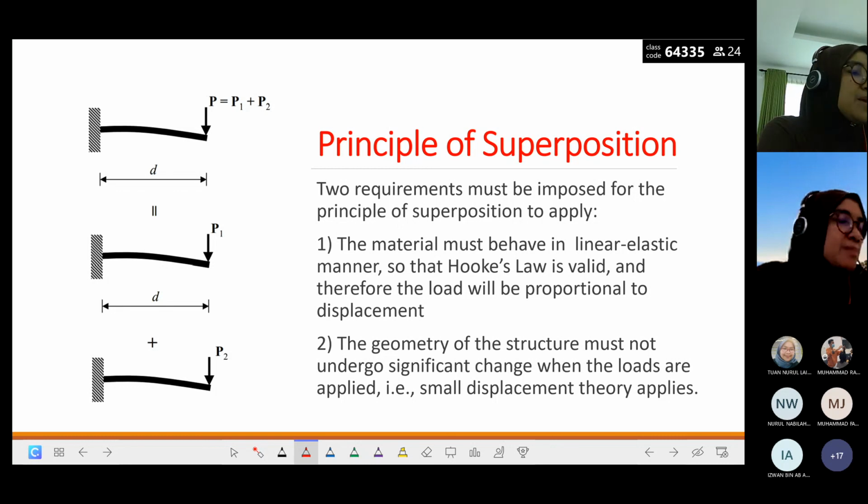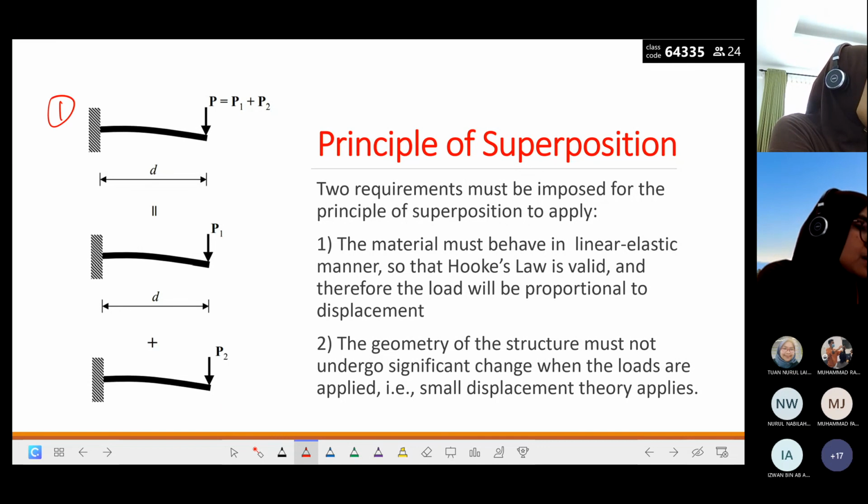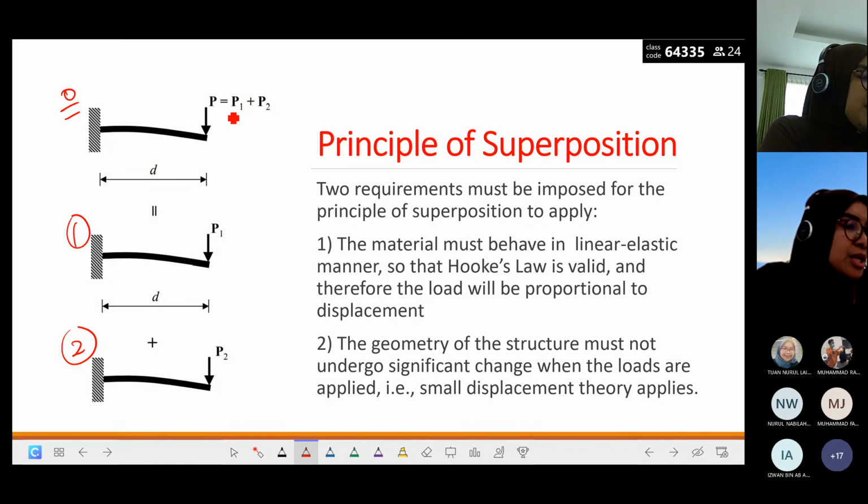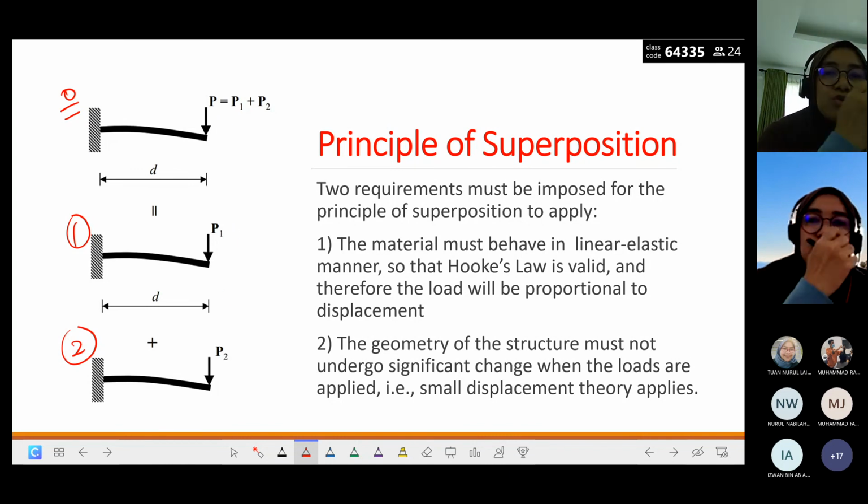So the idea is P is the actual; this is diagram number 1, diagram number 2, and this is diagram number 0. Okay, to get P, we need to add P1 plus P2.